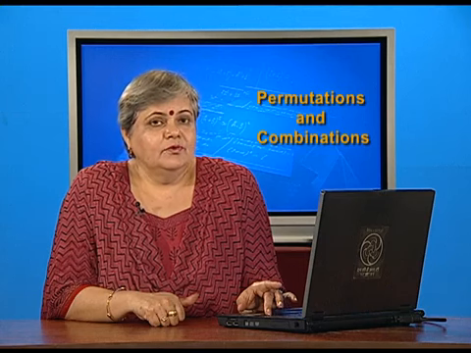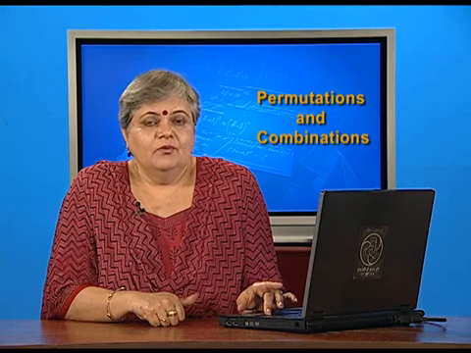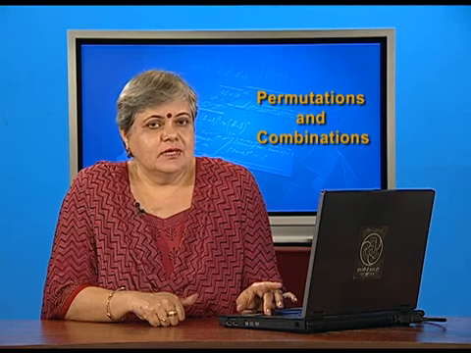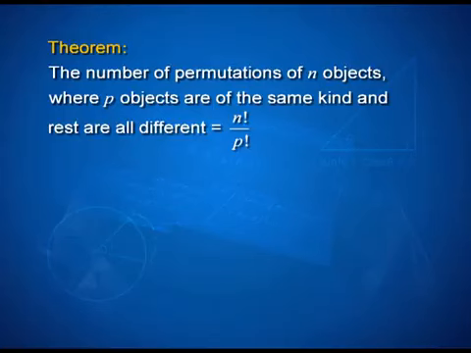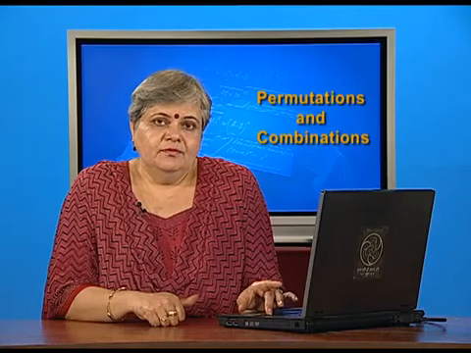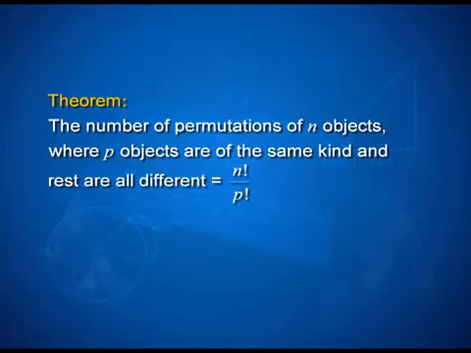In order to find this permutation, what we have are 2 simple results. The first one says that the number of permutations of n objects, where p objects are of the same kind, for example, in the word mom, you have 2 m's and the rest are all different, is n factorial by p factorial.